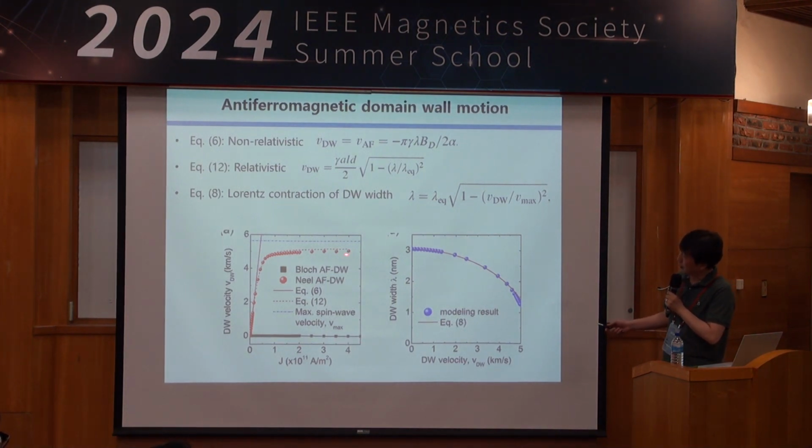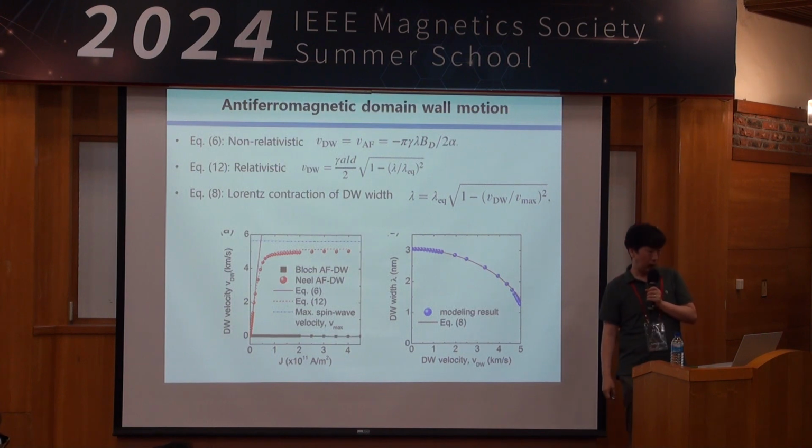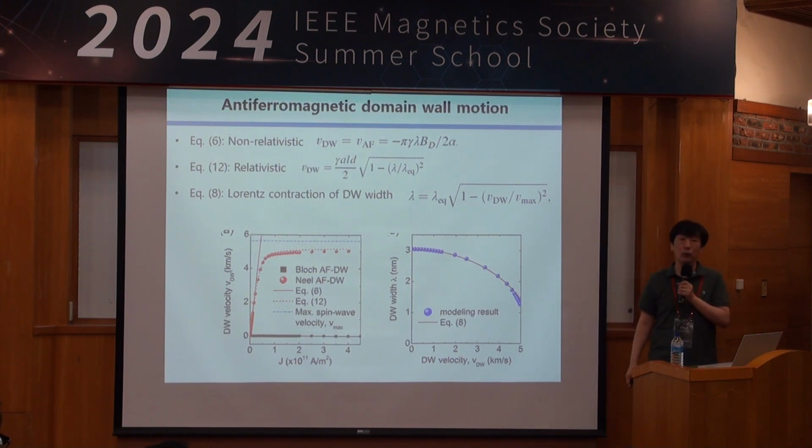However, these blue and red dots were obtained from the atomistic LLG simulation for the antiferromagnetic domain wall motion. You see that when the current is small, or the domain wall velocity is small, it is well described by this equation. However, when the velocity approaches some value, it cannot follow the linear relation, but instead it saturates.